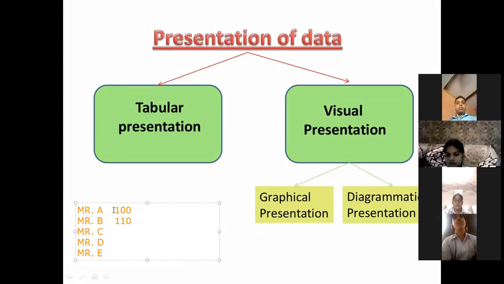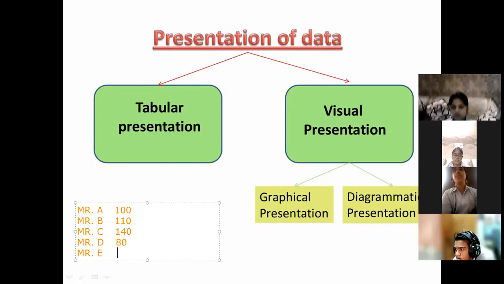Mr. C is getting, suppose, 140. Mr. D is getting 80 rupees. Mr. E is getting 100 rupees. So this is the data which you have just collected, that the people are getting this much pocket money from their parents each month.